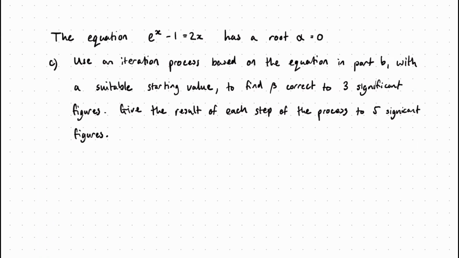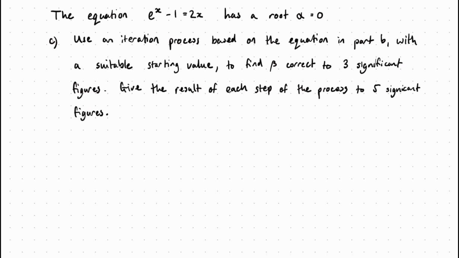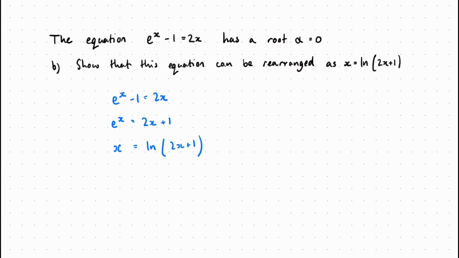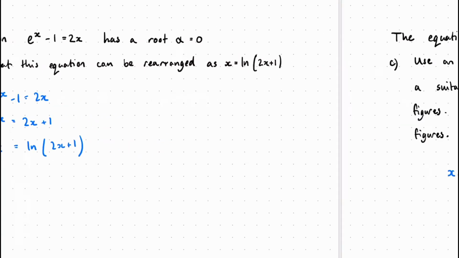Okay. Part C says using that equation from part B and a suitable starting value, which they've kind of given you with part A, find beta correct to three significant figures. So x(n+1) is equal to our previous equation, not the equation we've currently got, but our previous equation, which was x equals ln(2x plus 1).